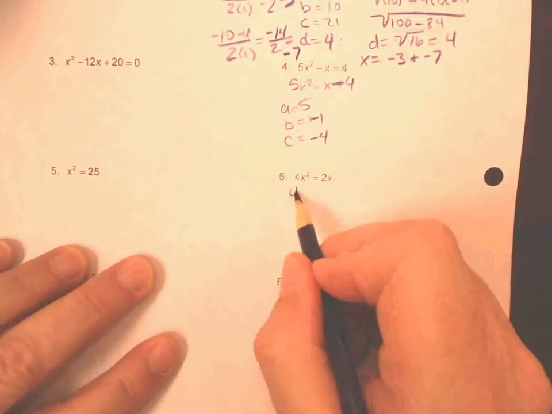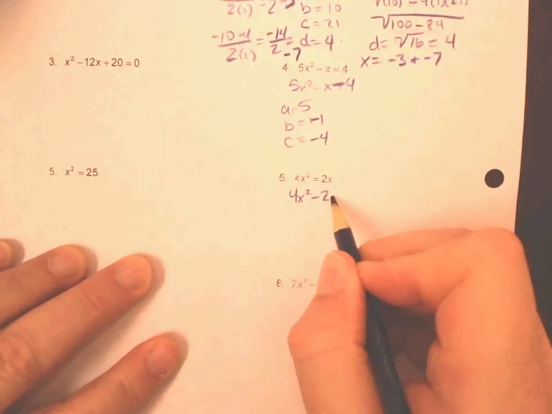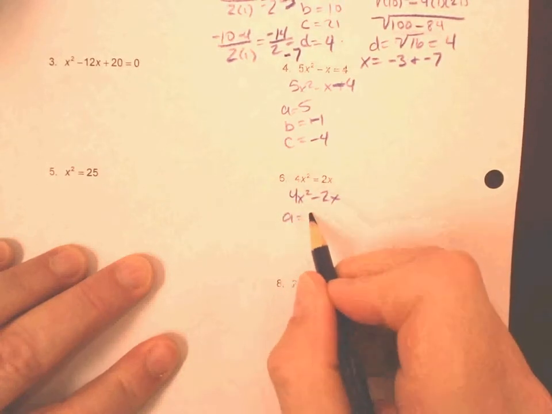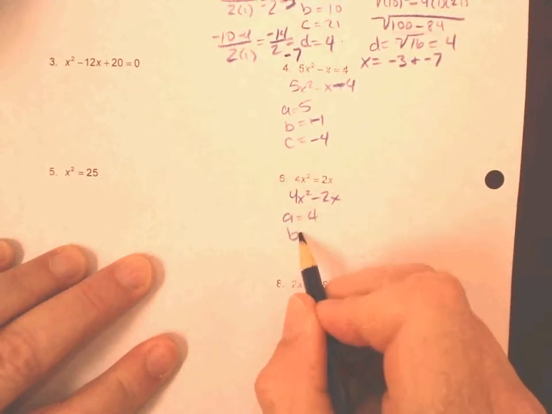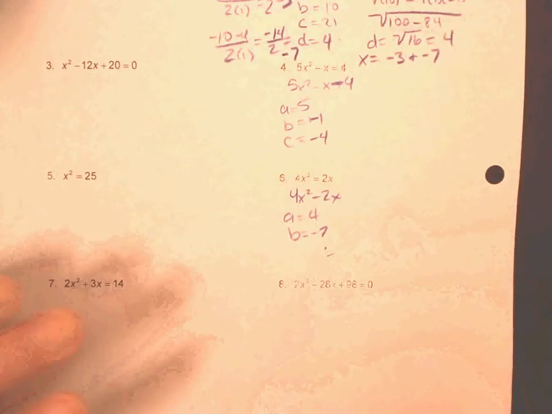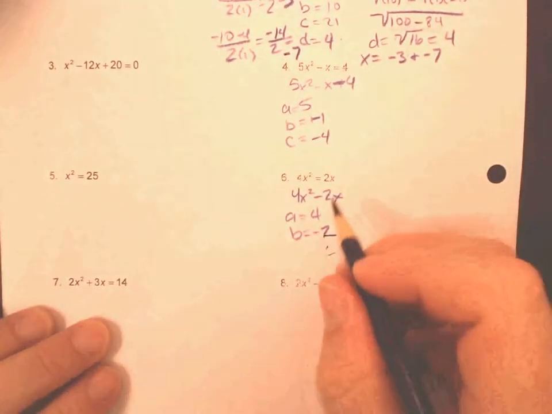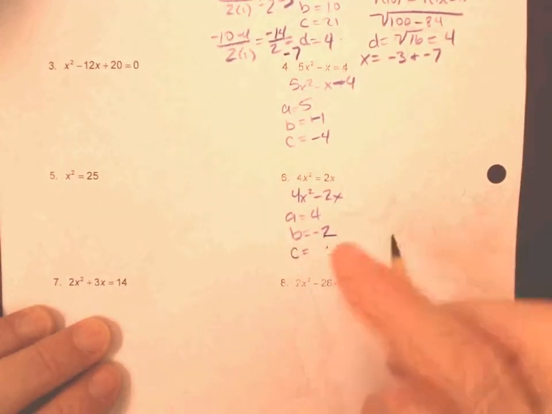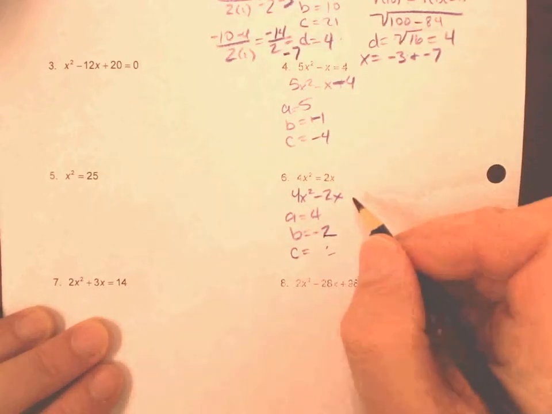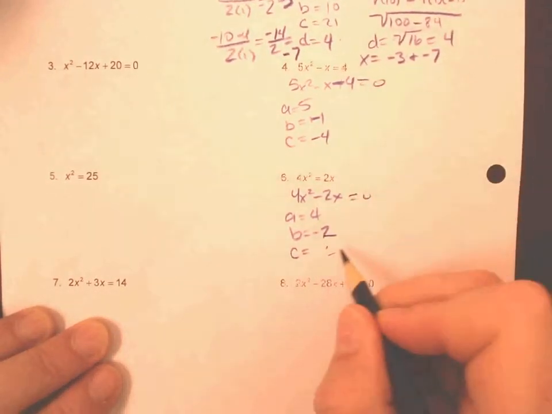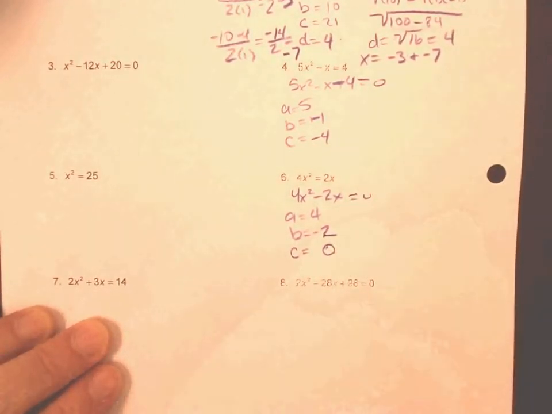On this one, I have something a little bit different. I would solve by moving 2x, subtracting it from each side. So my a would be 4, my b would be negative 2, and my c, in this case, because I don't have a constant, would be 0.